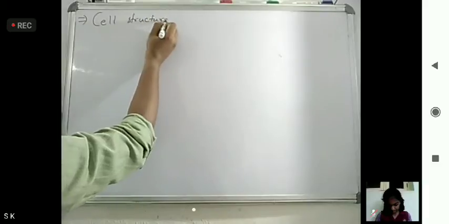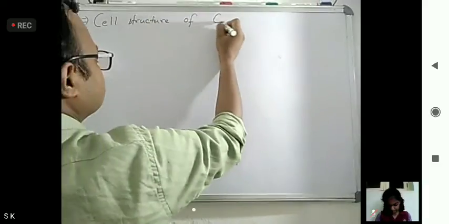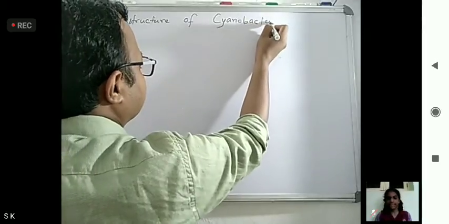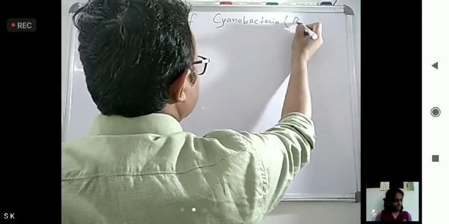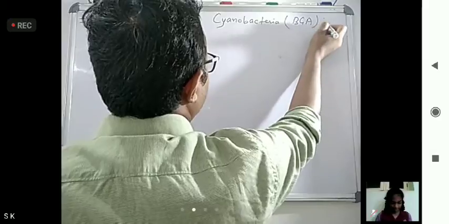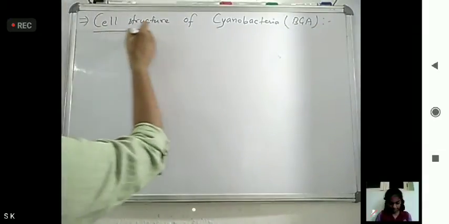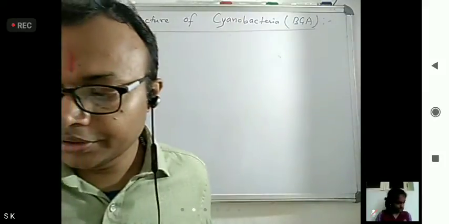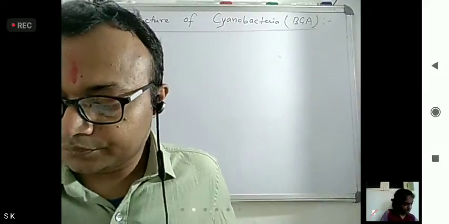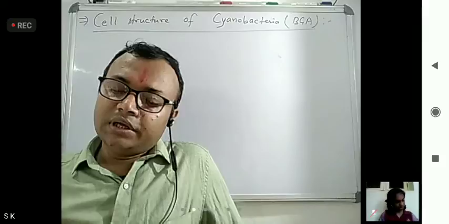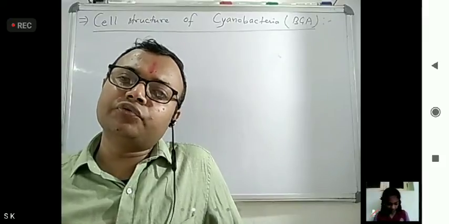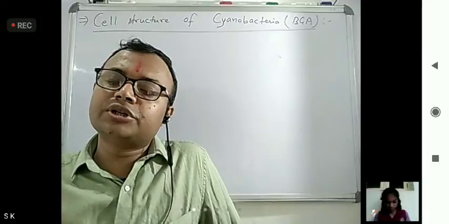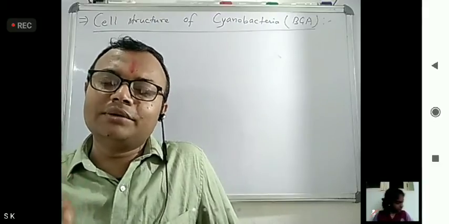Cell structure of cyanobacteria, also known as blue-green algae. Now, this cyanobacteria belongs to which group? It belongs to the prokaryotic group. Prokaryotic means not a well-developed nucleus.